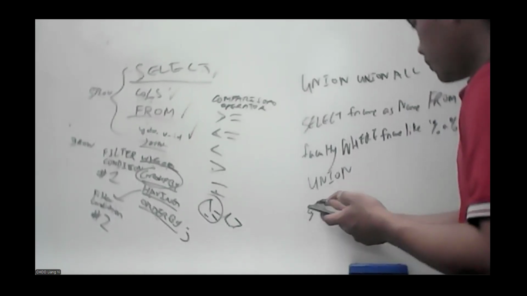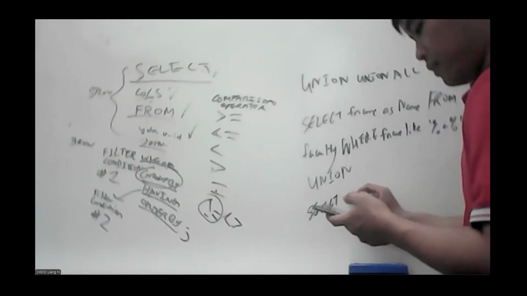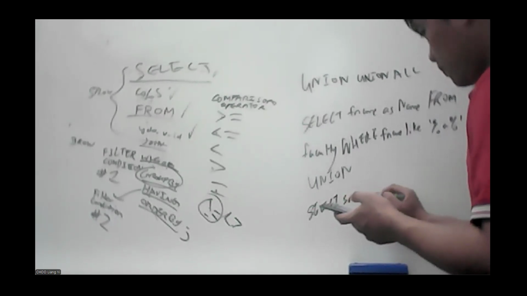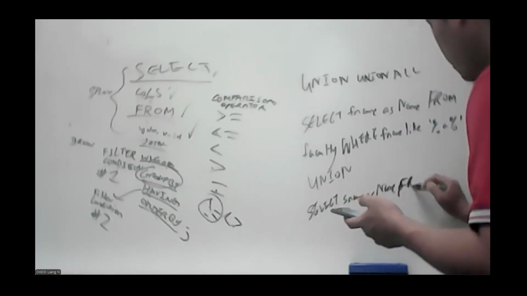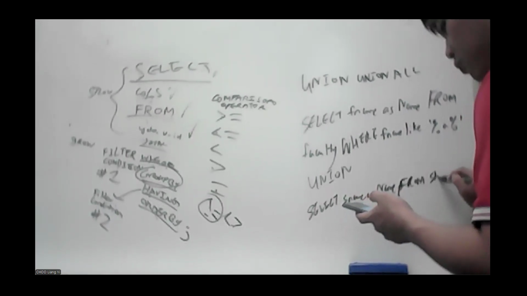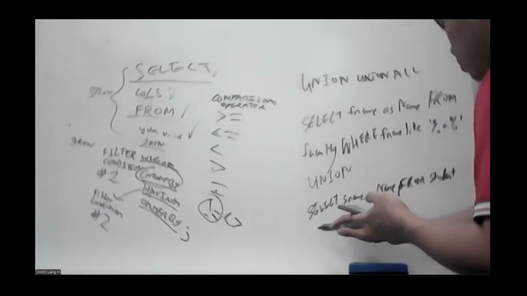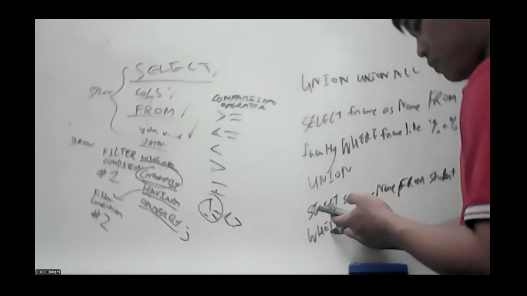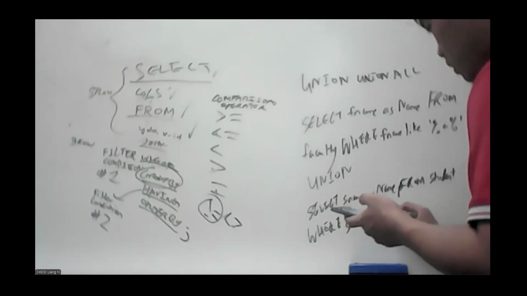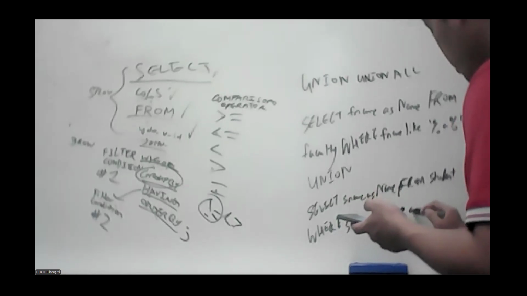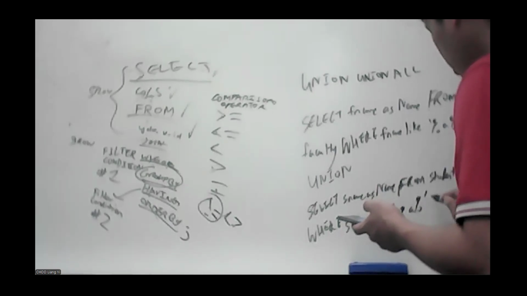UNION select as name from student where s name like '%a%'.